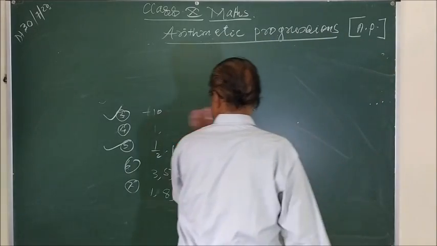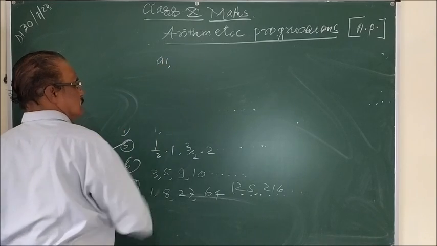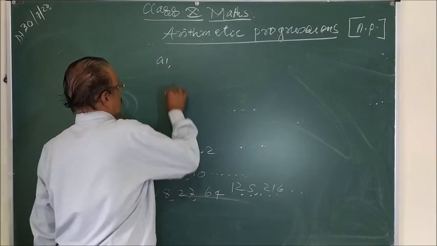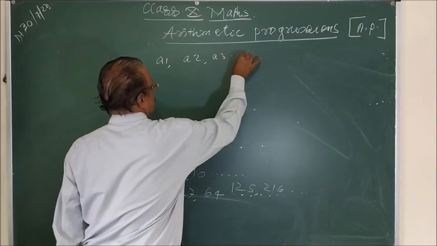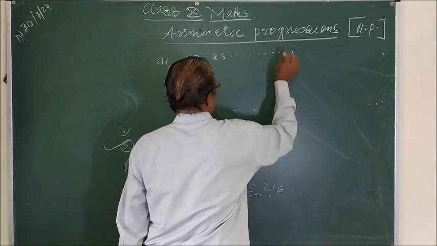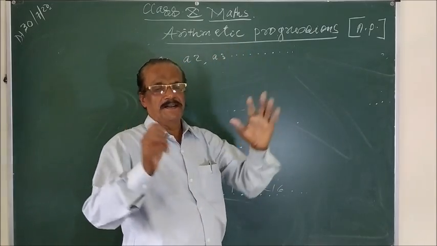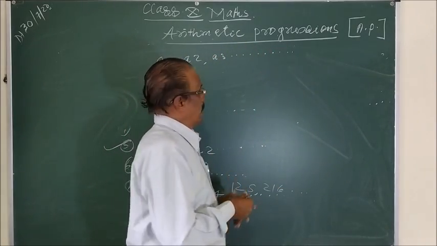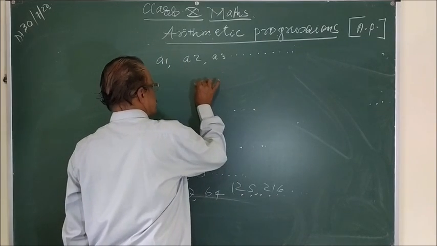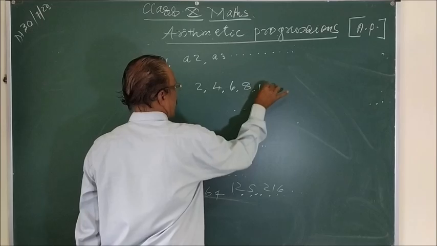And now you see, like first number is A1 for general term, and second term A2, A3 like this. And if there is only dot dot, this means this is infinite. There is not any last term. And if I write like this, 2, 4, 6, 8, 10.